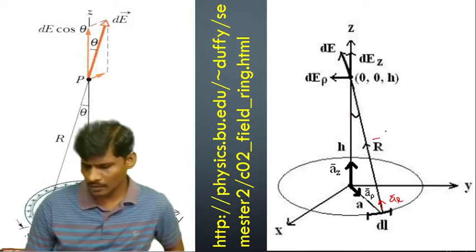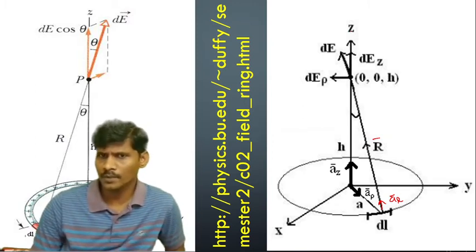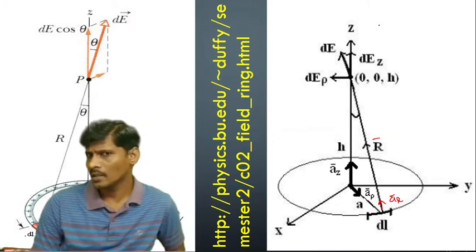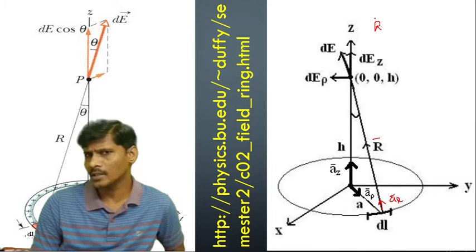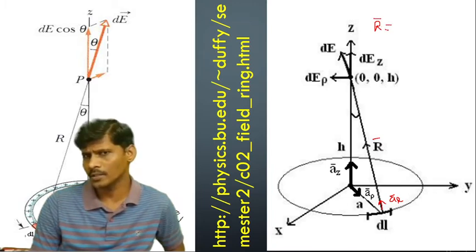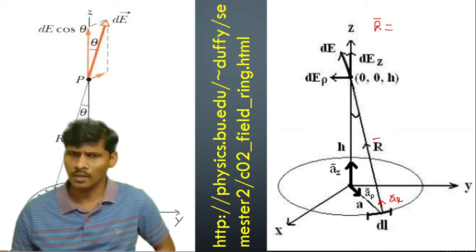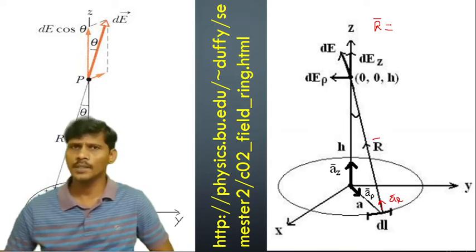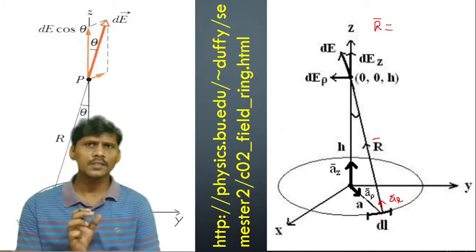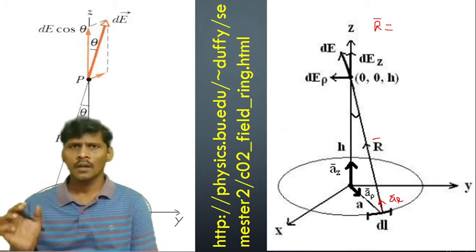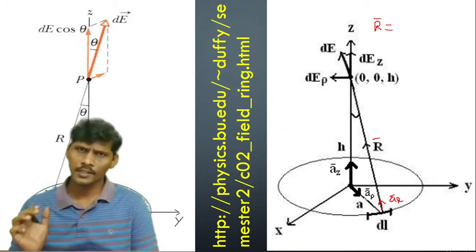So how do we calculate the distance vector capital R bar from the figure? The concept is, here the electric field intensity is calculated on the z axis. Because of that, the unit vectors a rho bar and az bar that are moving towards point P can be considered as a positive sign, and otherwise it will be considered as a negative sign.